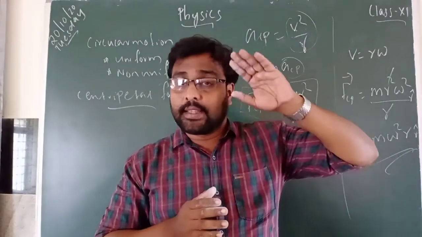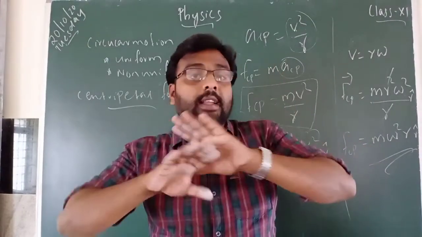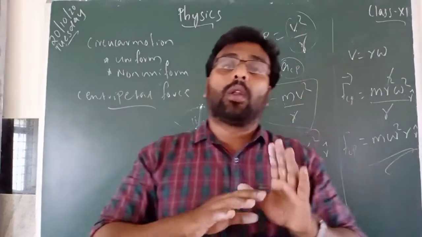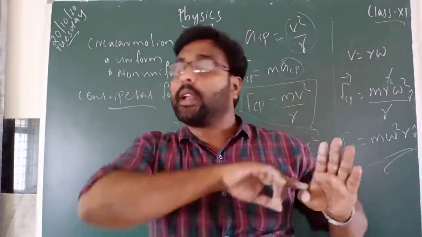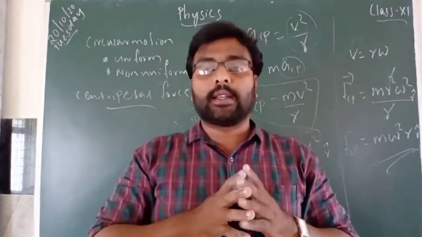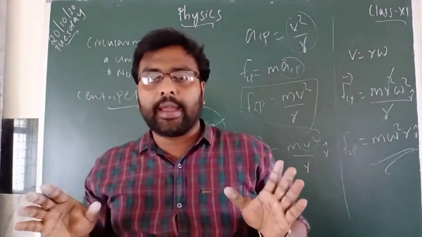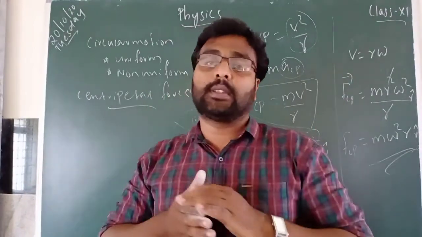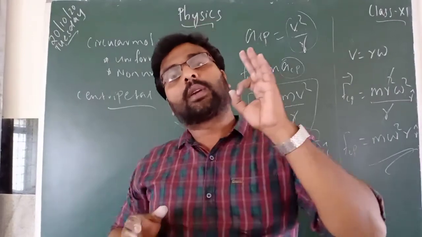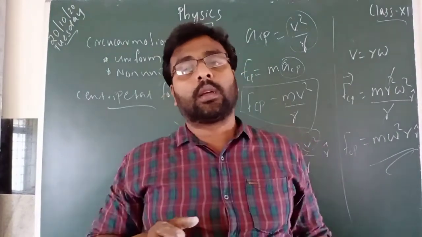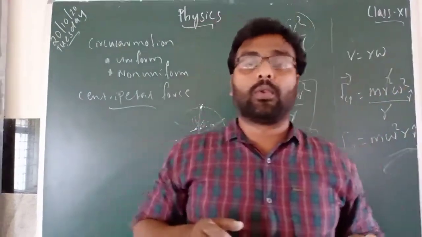You know, this centripetal force is not like our normal force. It is not like our gravitational force. It is not like the tension in the spring, or a tension force. It is not like a Coulomb force.